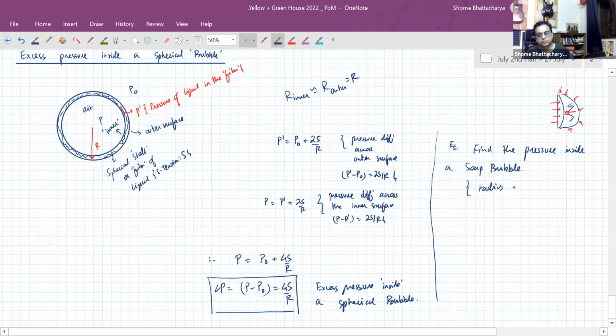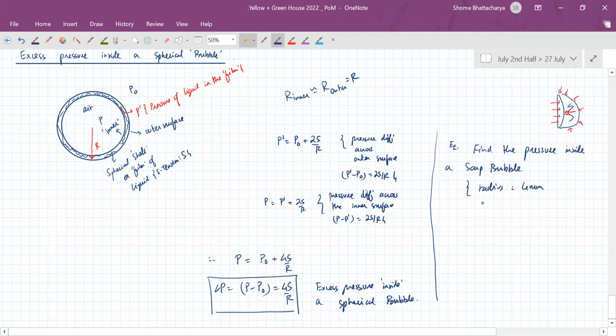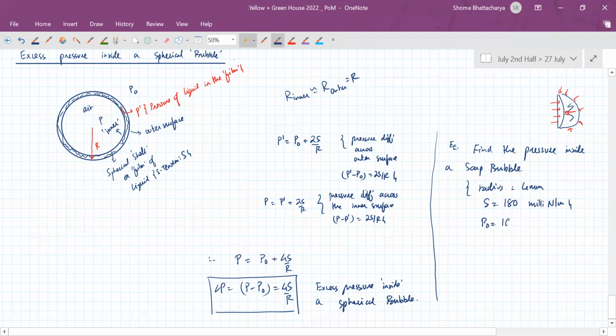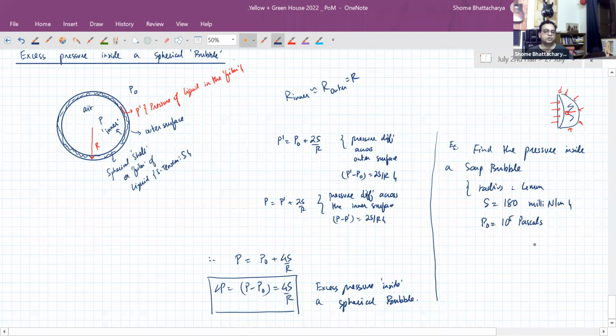The radius of the soap bubble is, let's say, 4 millimeters, and surface tension is equal to, let's say, 180 millinewtons per meter, and atmospheric pressure is 10 raised power 5 pascals. Okay, so we want to find the pressure inside the soap bubble. So we have to just directly use this formula here.